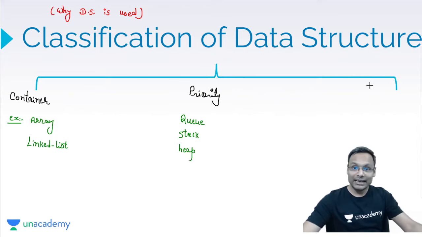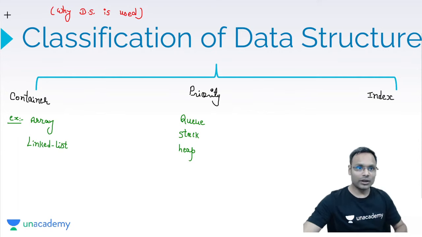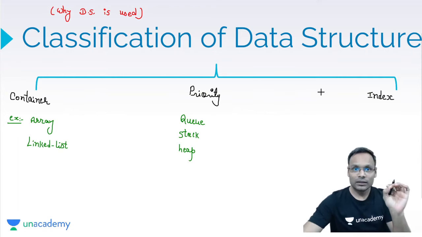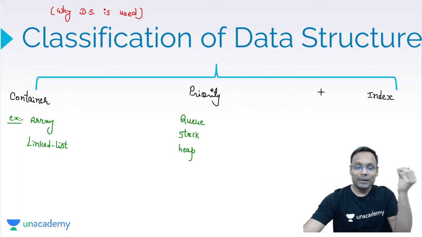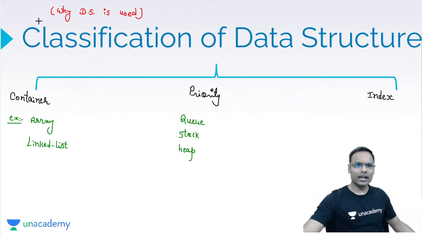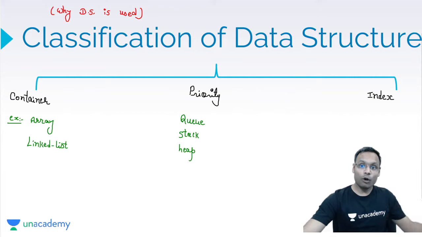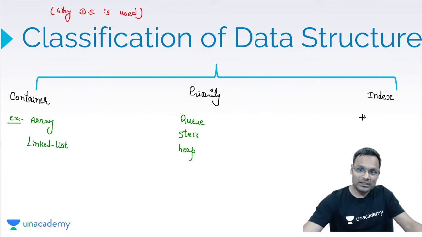Then we have the indexing class. You all know the meaning of indexing, right? You know what it is. Book number indexing, playlist indexing, multiple places you can have indexing. So for the indexing class, which data structures come under it?